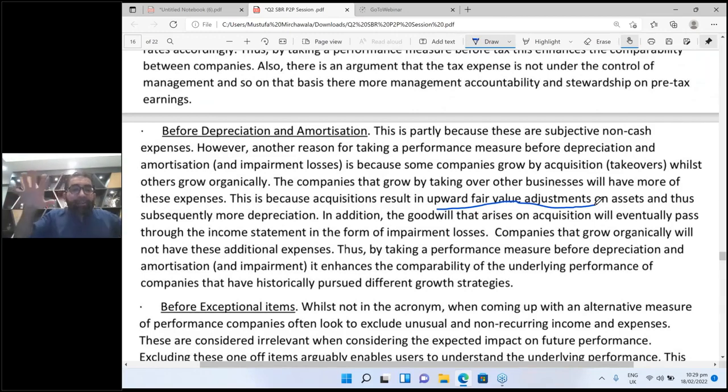So now just think, those companies which are growing through takeovers will have more depreciation, and those companies which are not growing through takeover will have no extra depreciation. So again, these two books are not comparable. So it's better to take a profit before depreciation and amortization.